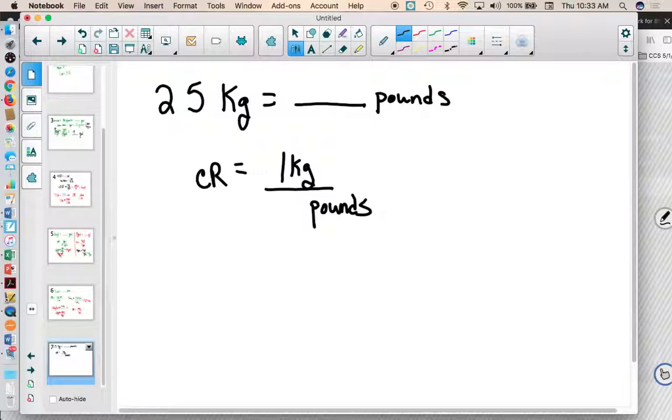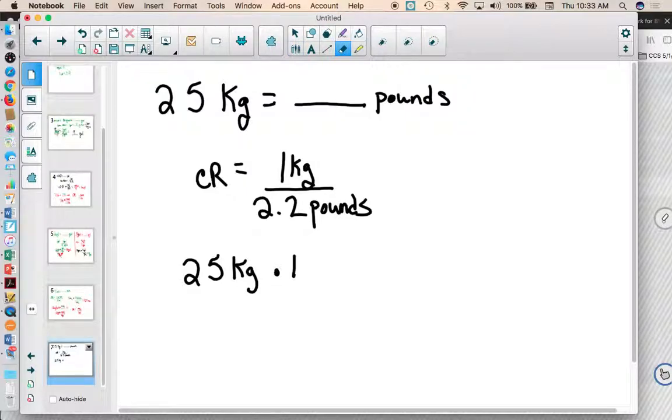Talon says 2.2. Is he correct? Does everybody see 1 kilogram is 2 and 2/10 of a pound? Know where that's coming from? So if I have 25 kilograms times, oops, I have to write that different.